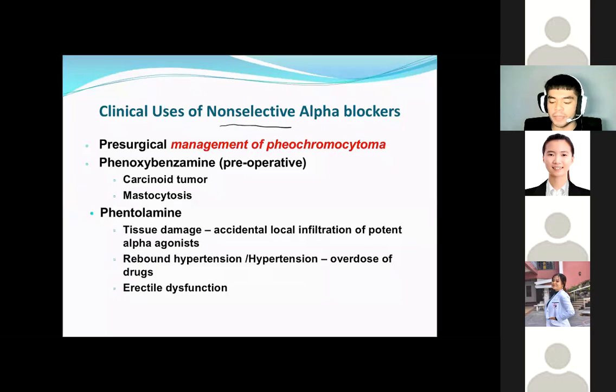these drugs are being used in the pre-surgical management of a condition called pheochromocytoma. What is pheochromocytoma in the first place? Ang pheochromocytoma ay isang disorder that affects the adrenal medulla. Okay? So this affects adrenal medulla. That is, merong enlargement or tumor rather, a tumor in the adrenal medulla.